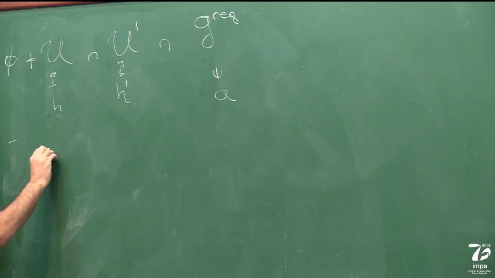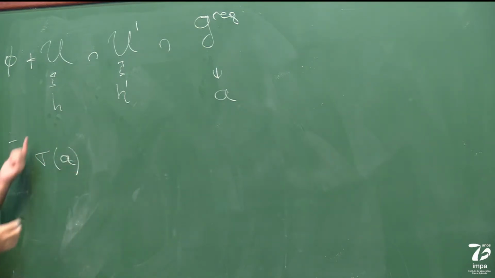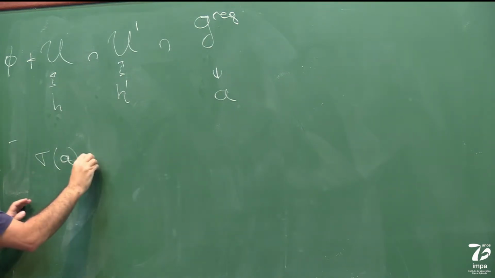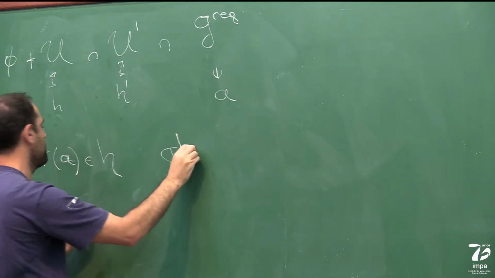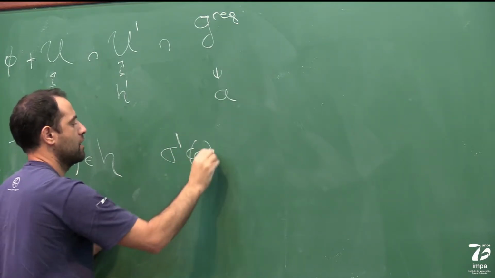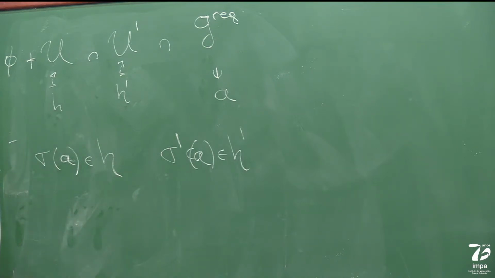So that means that there exists some sigma that sends A, or sigma inverse, if you wish, is in H. And it's here, so this is some sigma prime of A that is in H prime. So that means that there exists an element in H, which is regular. So the other observation is that if A is regular, then this is regular.